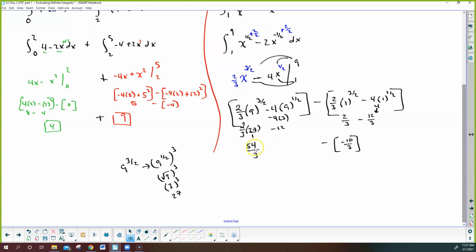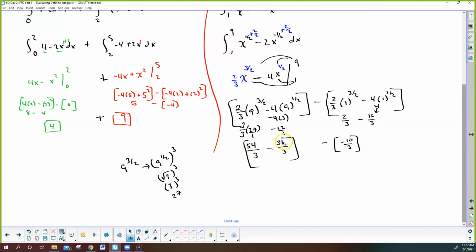But now I want to make sure that this has the same denominator. So instead of putting minus 12, I'm going to turn this into 36 over 3. So that is 12. Just so we don't lose track of where we are, everything has a denominator of 3, which is really helpful.